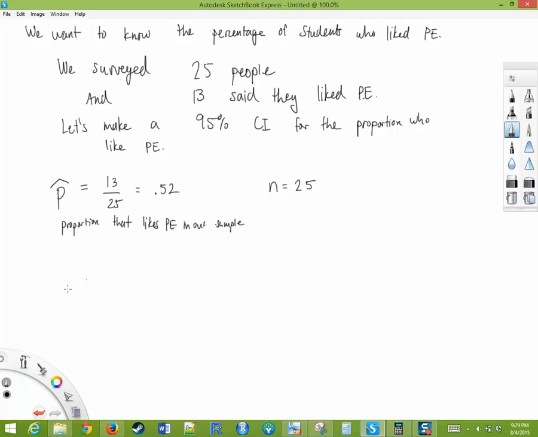Okay, so the formula for the confidence interval is p hat plus or minus z star times the square root of p hat times 1 minus p hat over n, okay?